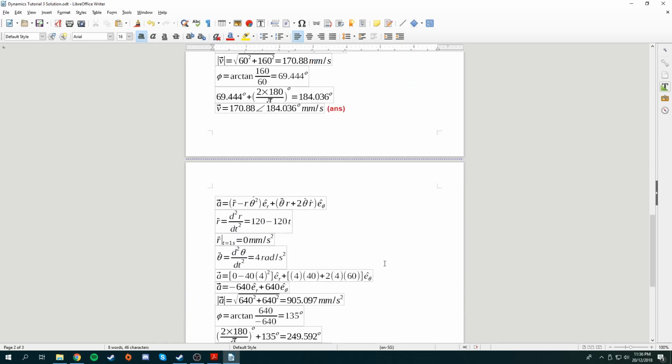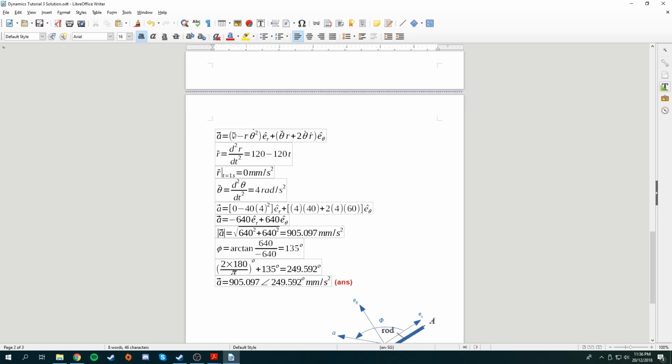For acceleration, it's relatively simple. I'll take the acceleration general formula, or basically the general form, and find out what I do not have. So I do not have r double dot and theta double dot. So very simply, I just differentiate r dot with respect to time, and I'll get 120 minus 120t. Evaluate this at t equals 1 second, that gives me 0 mm per second squared.